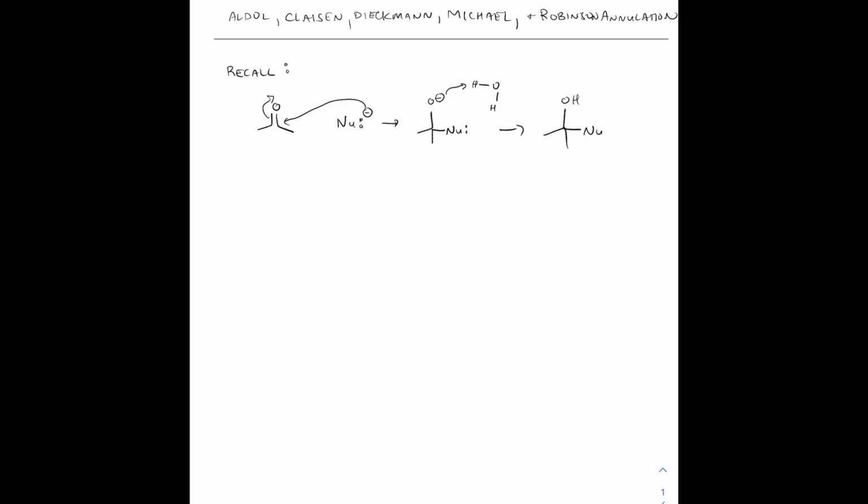Remember, nucleophiles reacting with carbonyls forms the addition product, which would be the new alcohol. In addition to that, ketones, or anything with an alpha hydrogen, can be deprotonated to form an enolate that reacts with an electrophile.